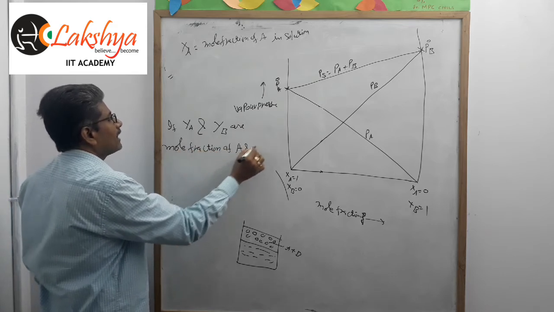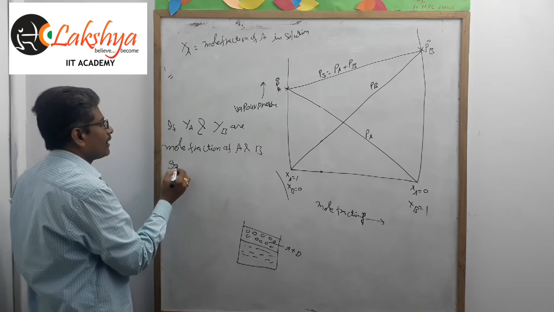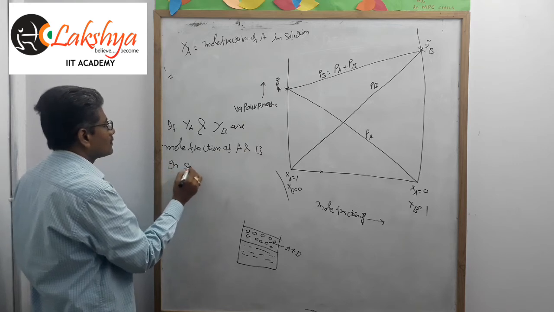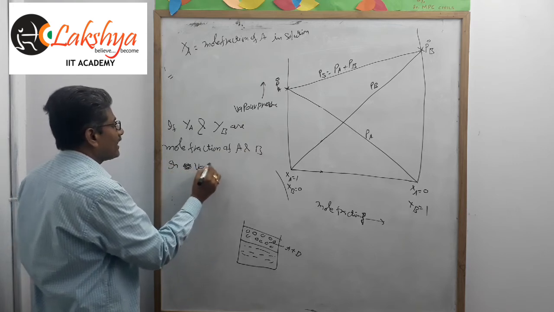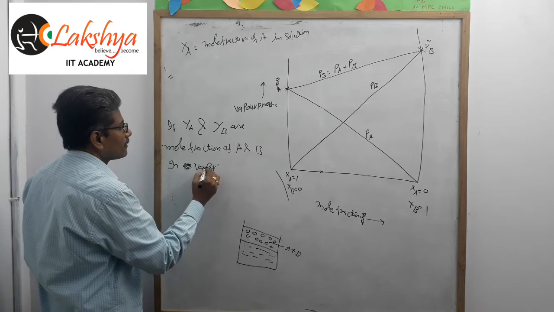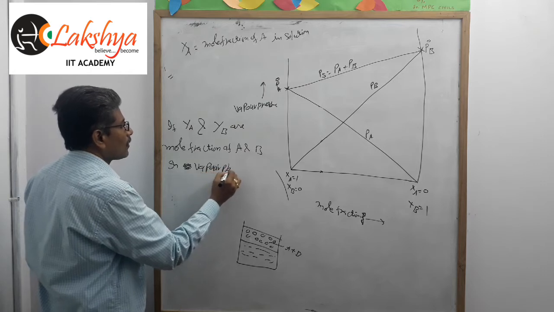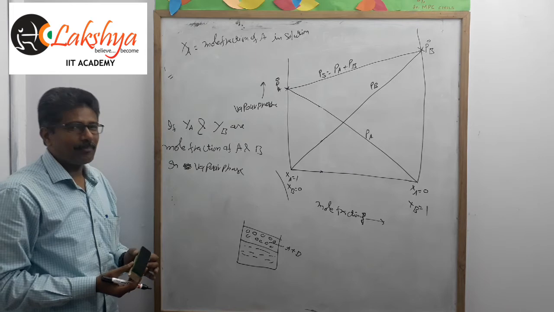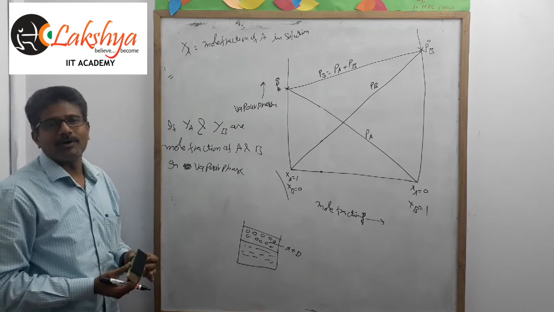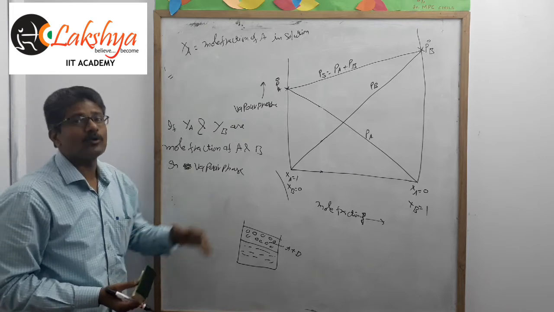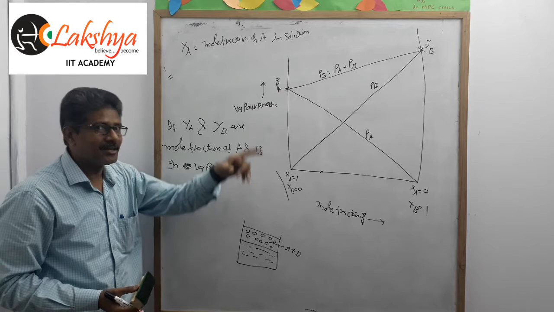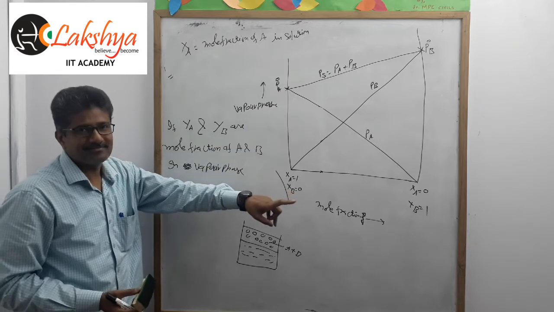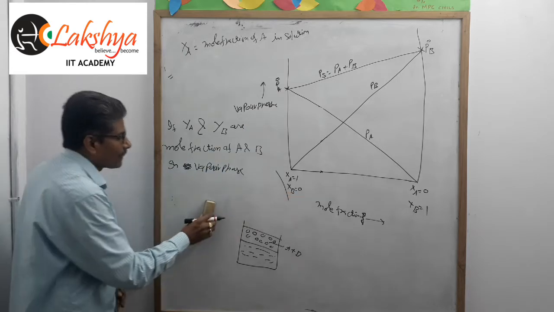According to Dalton's law, partial pressure of a gas is equal to mole fraction of the gas times total pressure, which was studied last year in the states of matter chapter.